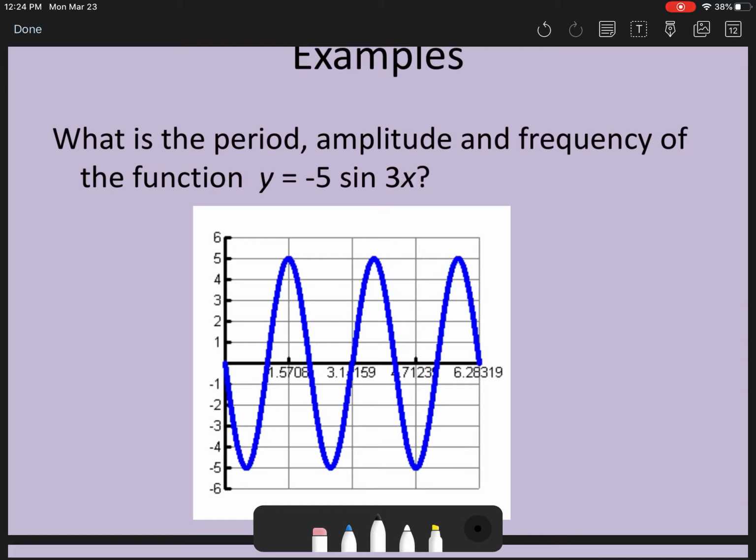Okay, take a look here. So we want to name the period for this problem. Amplitude and frequency.